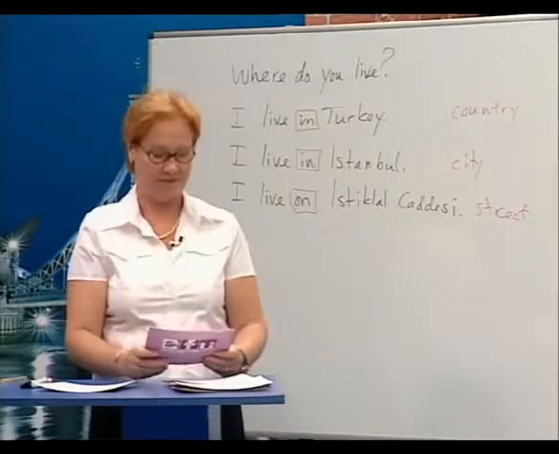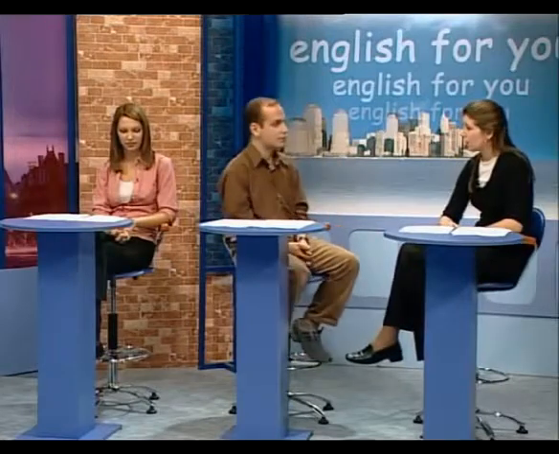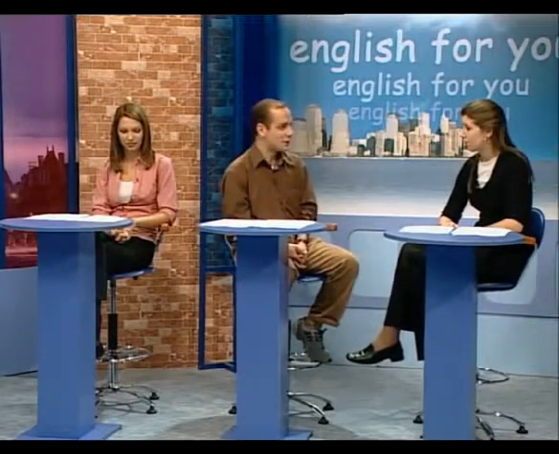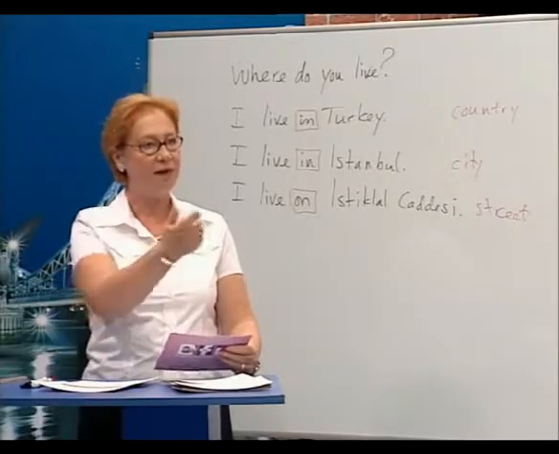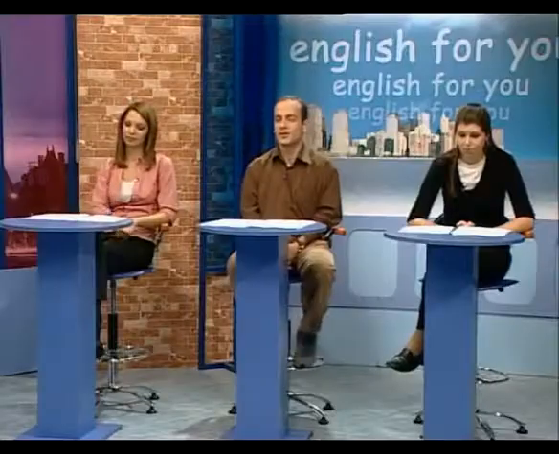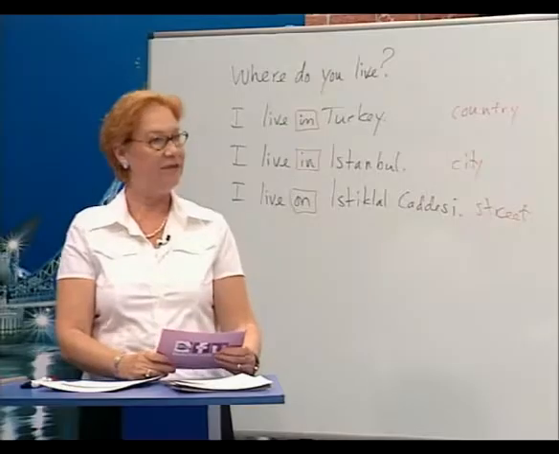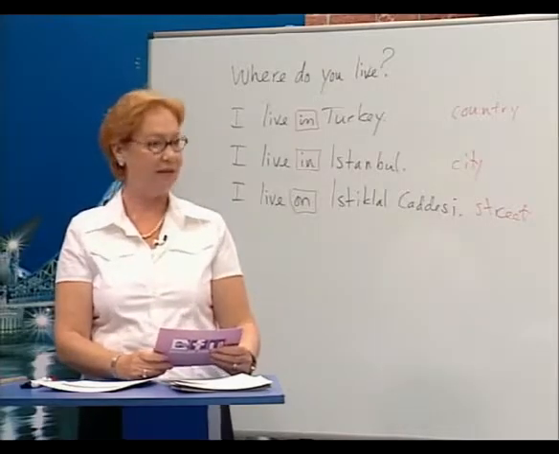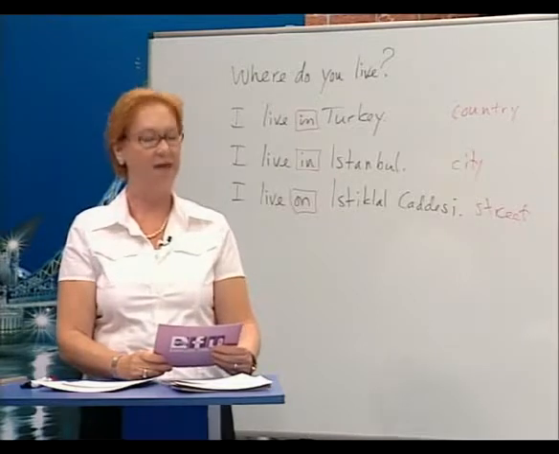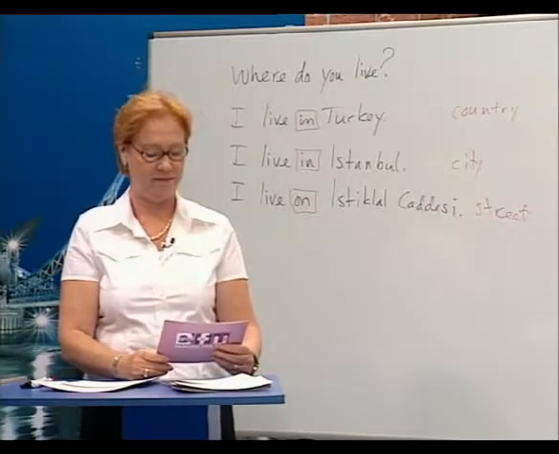Okay, ask Ali. Ali, where do you live? I live in Turkey. I live in Istanbul. I live on Bağdat Caddesi. Okay, ask me. Teacher, where do you live? I live in Turkey. I live in Istanbul. I live on Galip Dede Sokak.